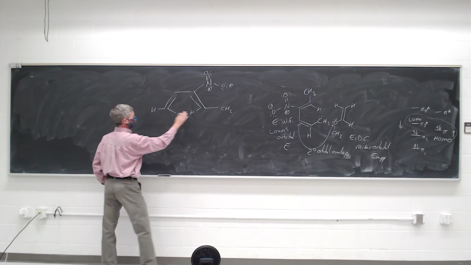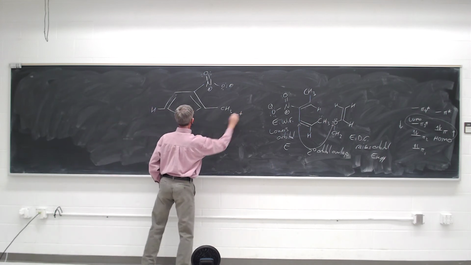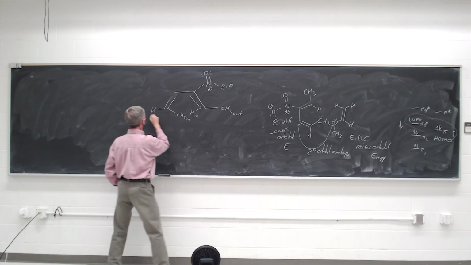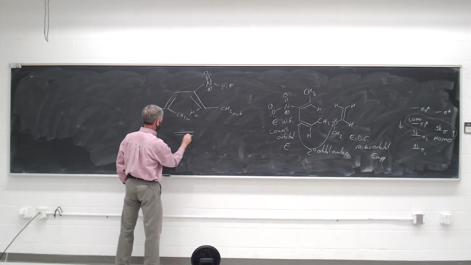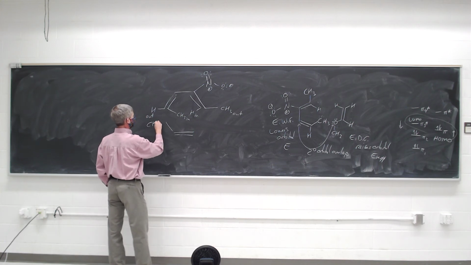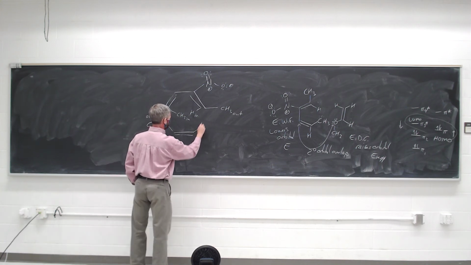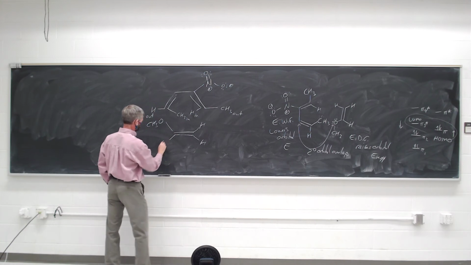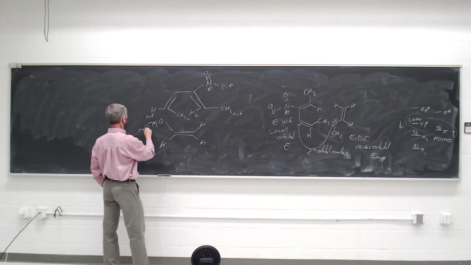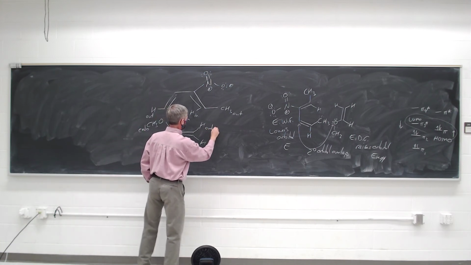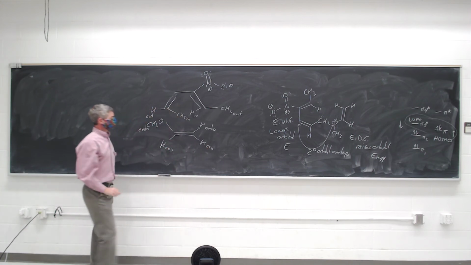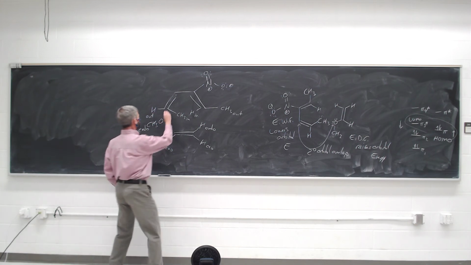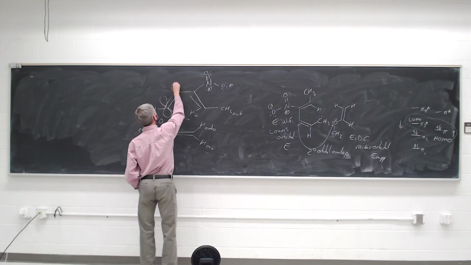So I've got my outer constituents. That. And then I've got my oxygen over here, endo position. I'm now working with pi 3.